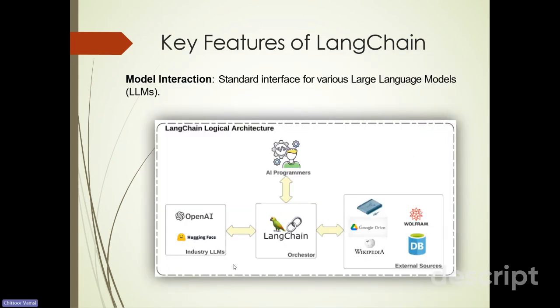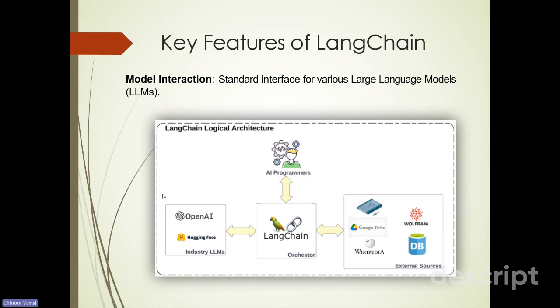The first thing is model interaction. ChatGPT is calling an LLM model, but the interaction is quite easy because AI programmers interact with LangChain as an orchestrator. It's a kind of mediator that helps you communicate between the large language models and the AI programmers.